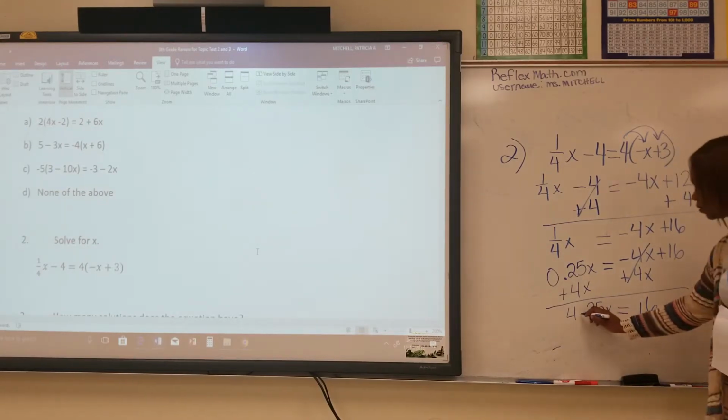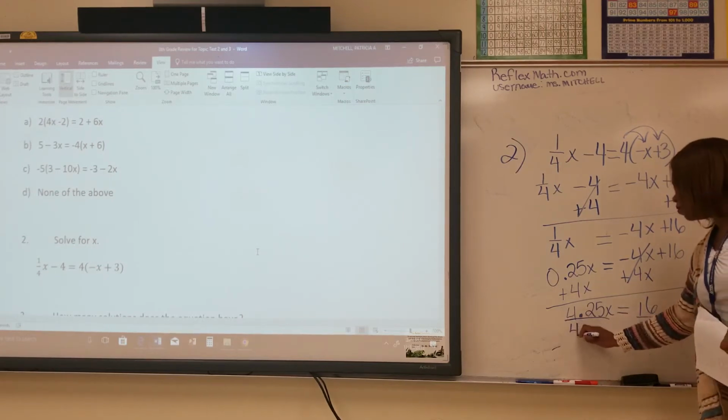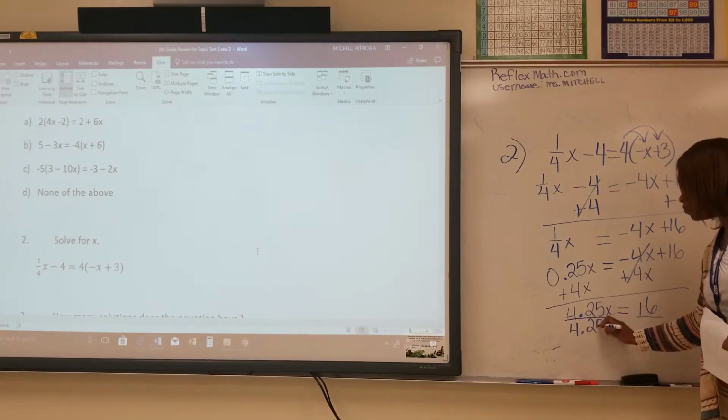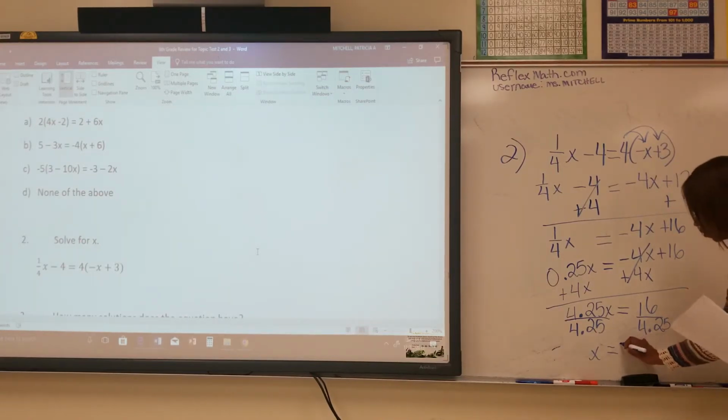From here, we divide by 4.25 on both sides, and you are going to get x equals 3.76. But what if your answer, they ask for a fraction? That's okay. You can just turn this decimal right back into a fraction.